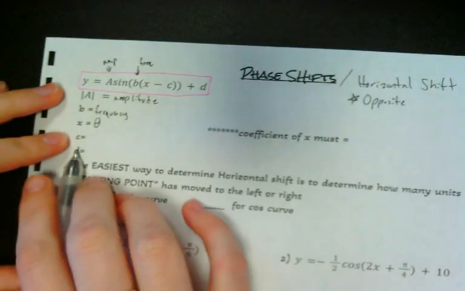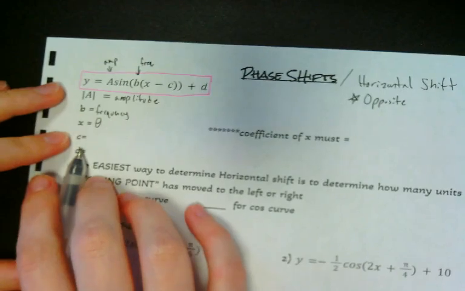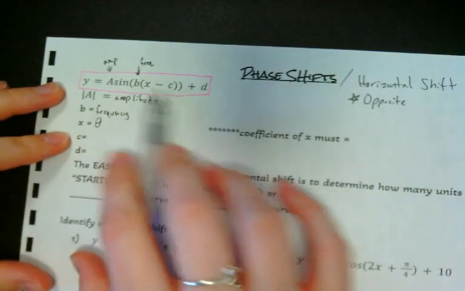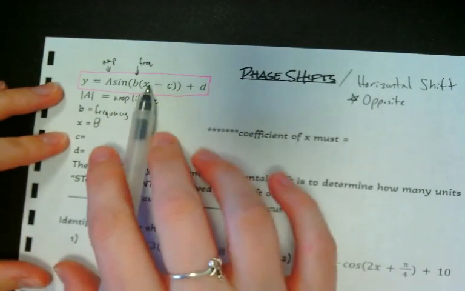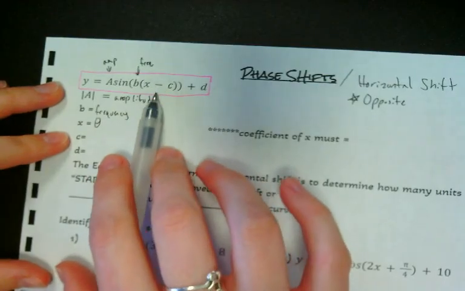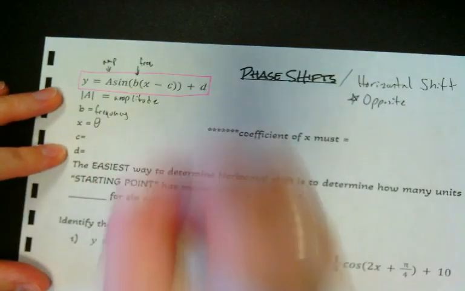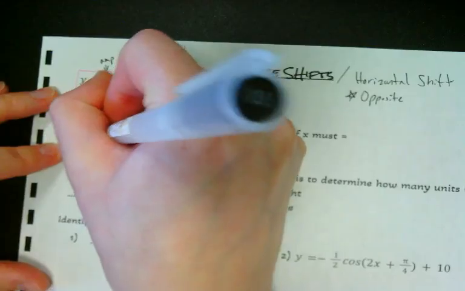Our c, if we remember our general functions, when it's inside the parentheses, which ways are we moving? Left and right. So this will be our phase or horizontal shift.